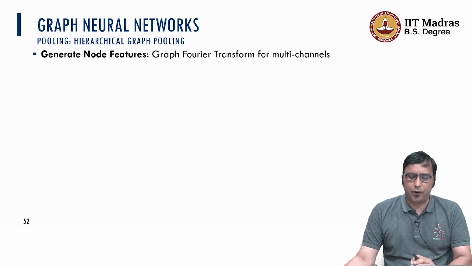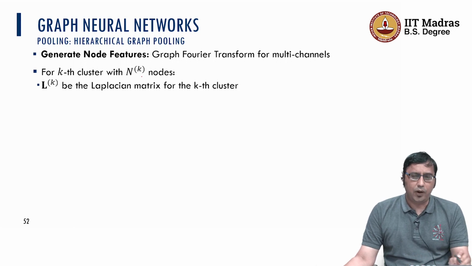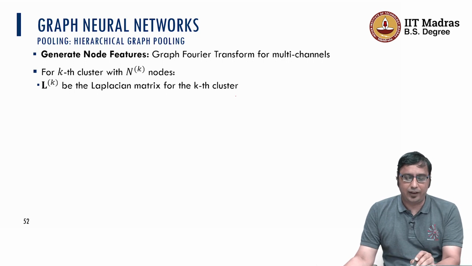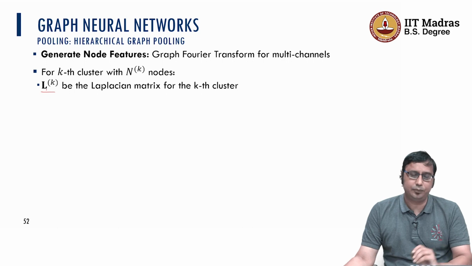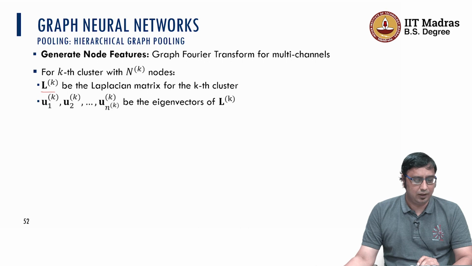The graph Fourier transform for multiple channels will be extended here. For the kth cluster with n_k nodes, we construct a Laplacian matrix for the kth cluster. Remember, unlike using a complete graph structure, we are using the subgraph structure in the kth cluster, and the corresponding Laplacian matrix is L_k.